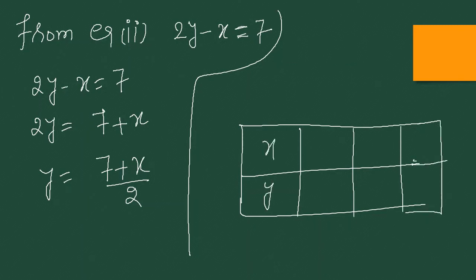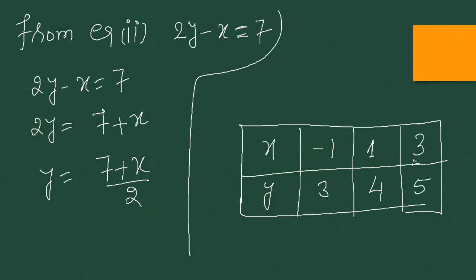I took in the previous equation the value of x as minus 1. So 7 minus 1 is 6, 6 divided by 2, 3 will come. If we take 2, it is not applicable because the value of y will be a decimal, so I am avoiding decimal values. I am taking x as 1 only. 7 plus 1 is 8, divided by 2, so it will be 4. And next I am taking 3, so it will provide 5.